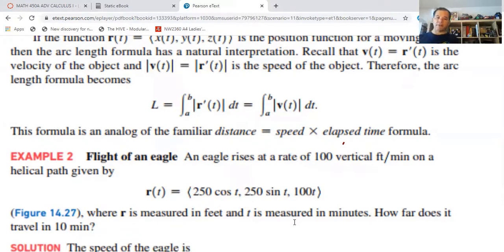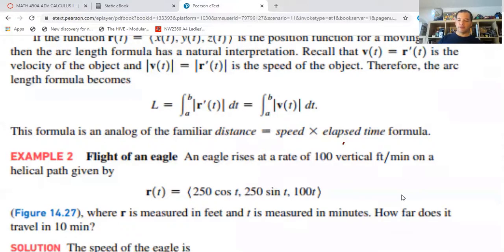So in other words, what is the length of that path that I showed you on the picture, between time 0 and time 10?